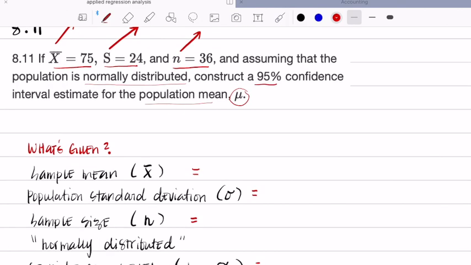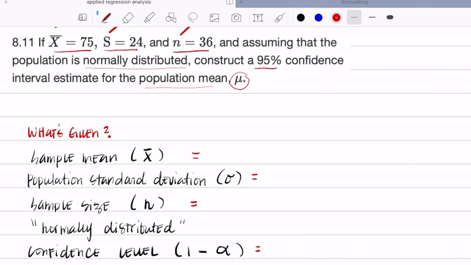Next, what are the given values that we know of? From the problem, we know that the sample mean equals 75, the population standard deviation equals 24, and the sample size equals 36. We know that it's normally distributed, and the confidence level is 95%.